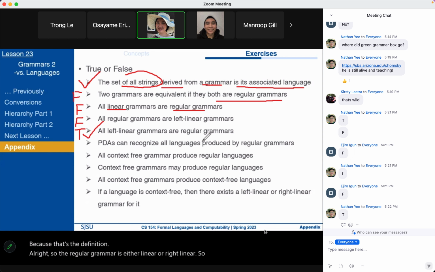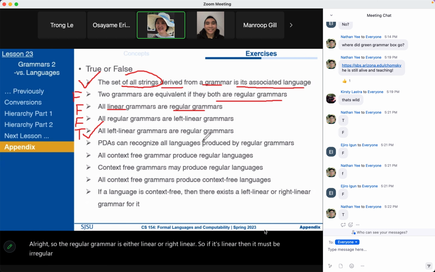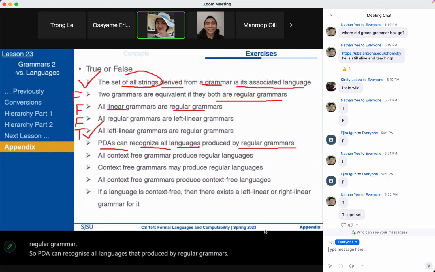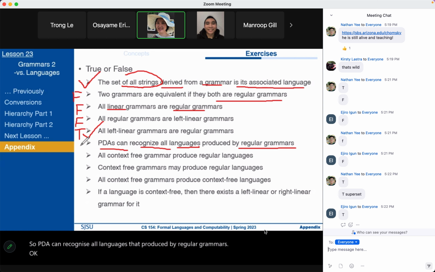So if it's left linear, then it must be a regular grammar. PDAs can recognize all languages produced by regular grammars. Okay, this is true.